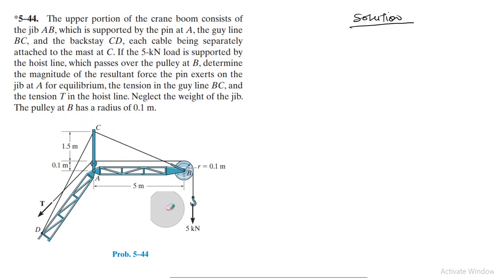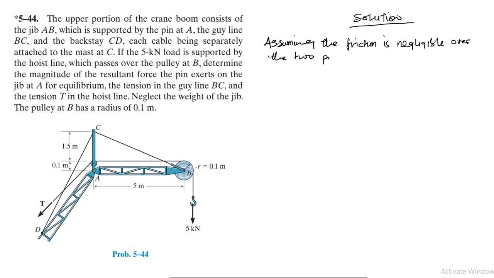So I need to make that assumption: assuming that friction is negligible over the two pulleys, that's pulley B and the pulley above pin A, therefore T is going to be equal to 5 kilonewtons. Is that fine?